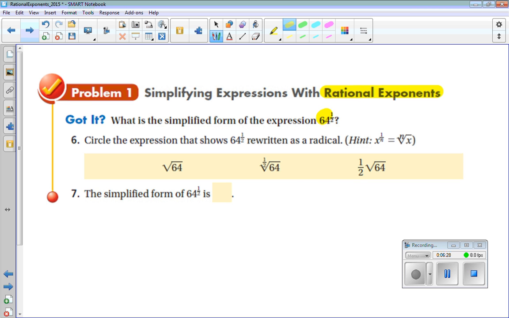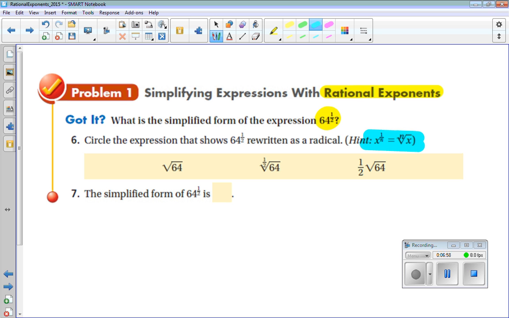In this example, 64 to the 1/2 power, we have to decide how it is going to be written in radical form, because when you have exponents that are written as fractions, we can change them to radical form. It's written here right now in exponential form, and we can write it as a radical.